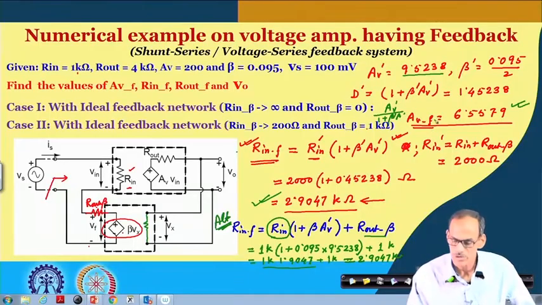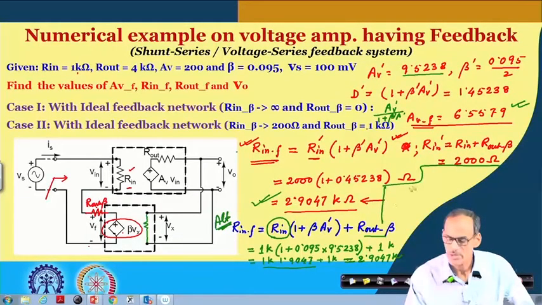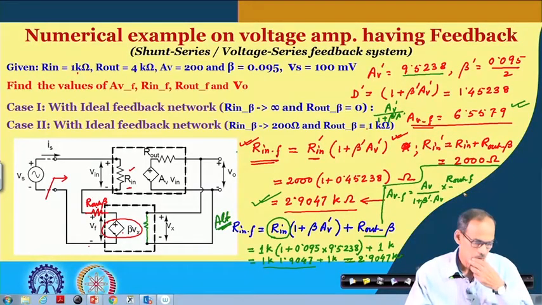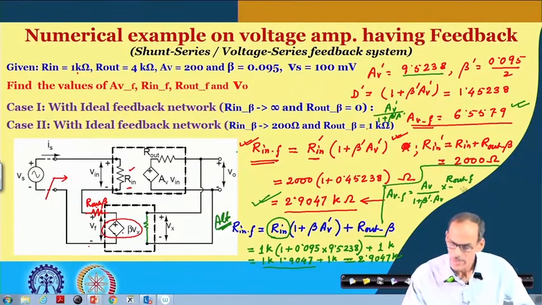The alternate approach to calculate AVF is AV divided by 1 plus beta dash into AV, multiplied by, not R out F, rather R in of the feedback network divided by R in of the feedback network plus R out F. Okay.